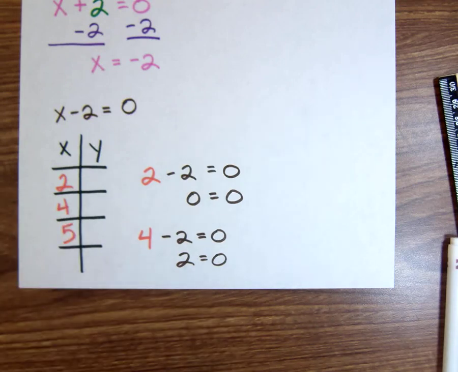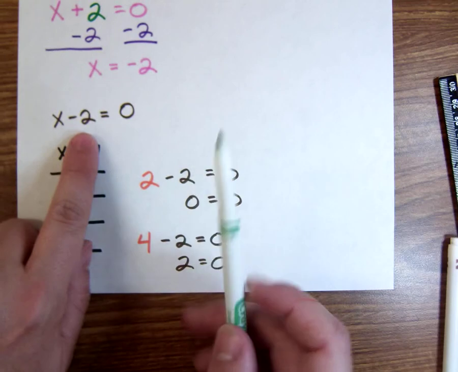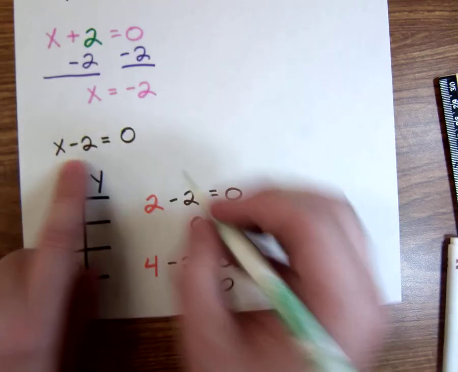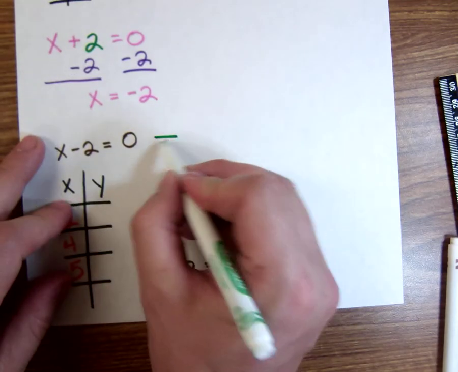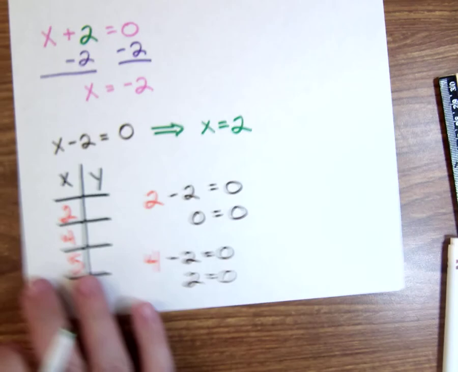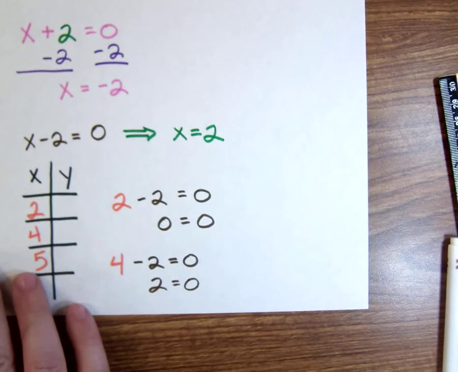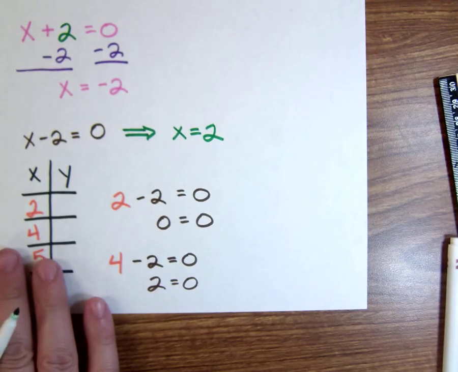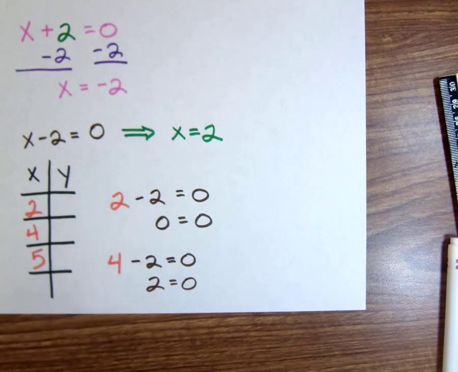If I were to solve this for x, meaning if I were to add 2 to both sides, I would get x equals 2. What this means is x equals 2 all the time. No matter what y is, x is 2.